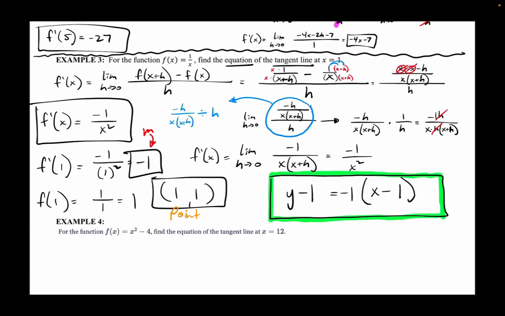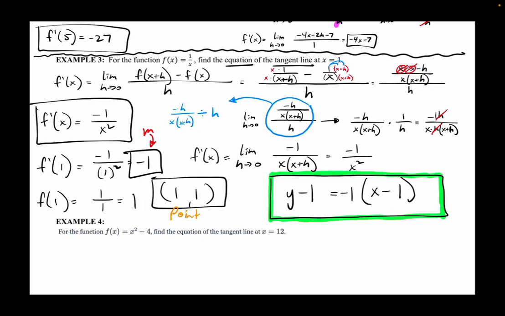Here's the equation. We found the derivative. That was all of this mess up here, and the derivative was negative 1 over x squared. Find the derivative. That's the first step.